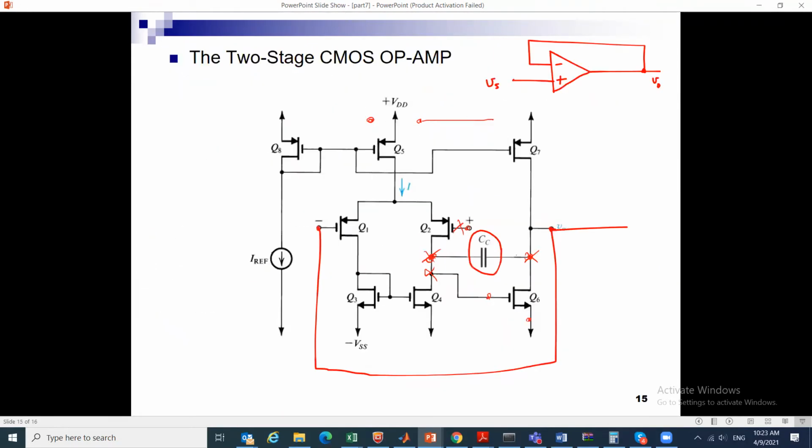Great. What I really care about from this complex drawing is, for example, this is V plus and V minus, this is the op-amp. I have a feedback from the minus terminal to where? To the output. So I have a feedback from the minus terminal to the output.